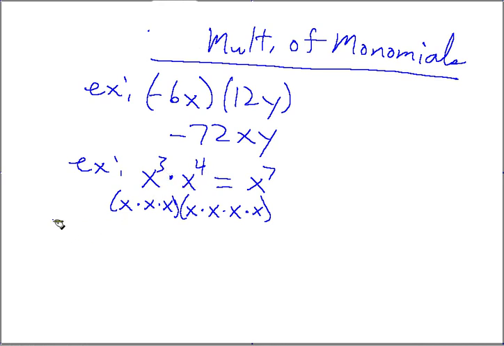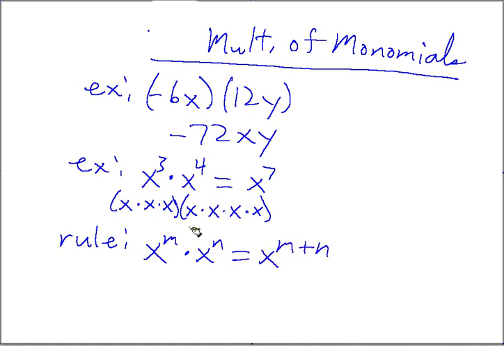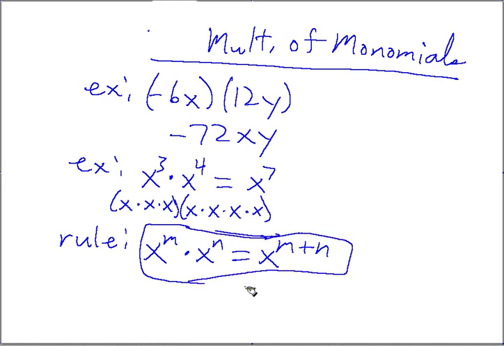So, therefore, the rule that we have, if you recall, is that x to the m power times x to the n power is equal to what? X to the m plus n. Alright? So this is the rule that you want to recall from Math 30, for example, when we're multiplying two exponential expressions.